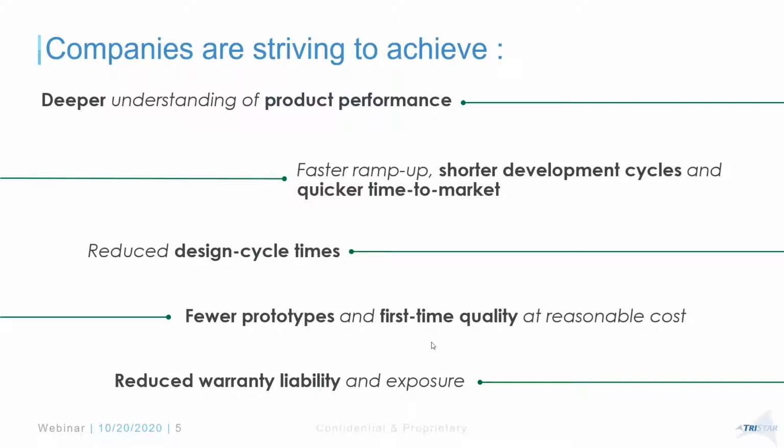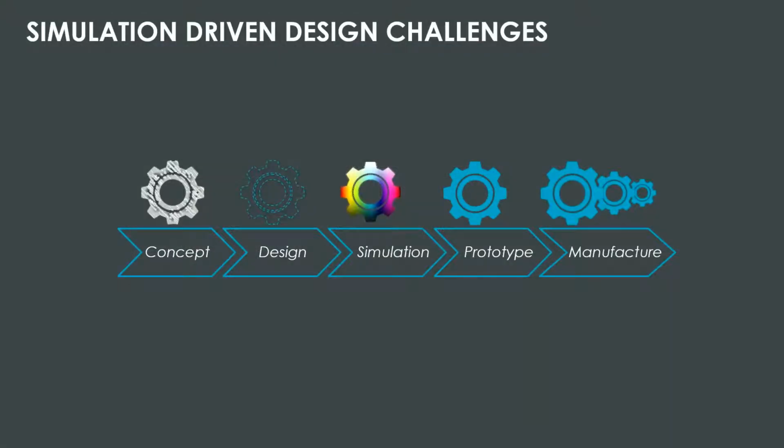So let's look at how we could achieve this using a true simulation-driven design process. But before we do that, let's take a look at a typical product development process and where we could potentially have a genuine improvement. I'm sure all of you watching are probably familiar with this depiction of a traditional product development process.